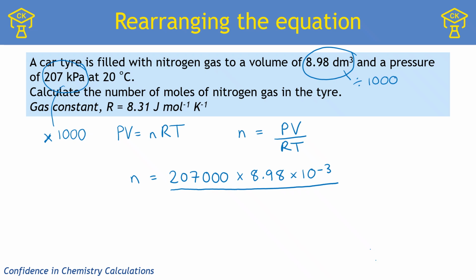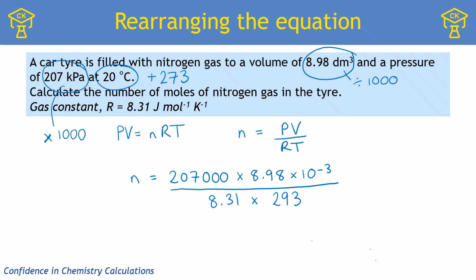The next thing is the gas constant, which needs no converting. We stick it right in as 8.31, and then temperature, the final thing that needs changing from degrees C to Kelvin. To do that, we're going to add 273 to give me a temperature of 293. I put all of that into my calculator, and there are a number of ways you can do that and get it right.